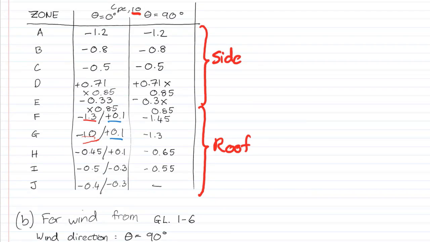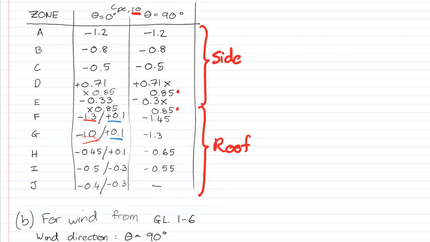So here you can see the pressure coefficients for the side for theta equals 90 degrees taken from the two tables in the code. And then just a clarification in case this thought comes up, when it comes to the 0.85 factor, that is, remember, for lack of correlation between windward and leeward wall. If, for instance, I was designing a girt on the windward wall or on the leeward wall, and I was only looking at one side, I wouldn't use that 0.85 factor because I'm not looking at both sides together.